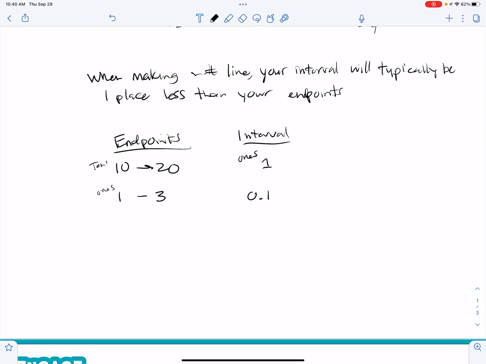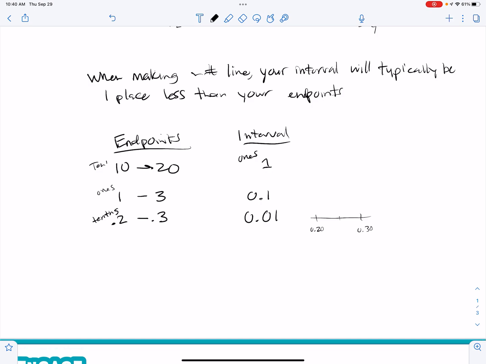If we're looking between, let's say, 2/10 and 3/10, we don't have any tenths in between there, so we need to go to our next smallest place, which would be the hundredths. So you could do an interval of 100ths. And if we did a little number line here, just as a quick sample, 2/10 and 3/10, we know there's 10 hundredths in between there because these are equivalent to 20 and 30 hundredths.